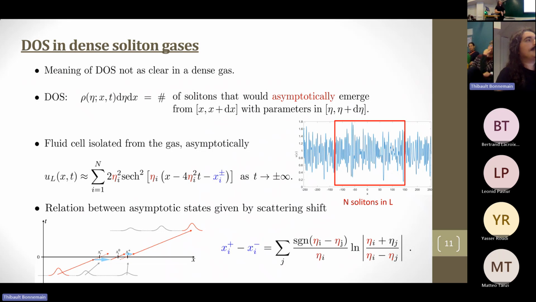I told you about this last time, but let me remind you that the difference is just the sum of all the two-body scattering shifts the soliton incurs as it interacts with every other soliton from the gas. And what's interesting is that even though in your dense gas your soliton is constantly overlapping and interacting with several others, asymptotically at least, it looks as if it only interacted pairwise with every other soliton, and once.